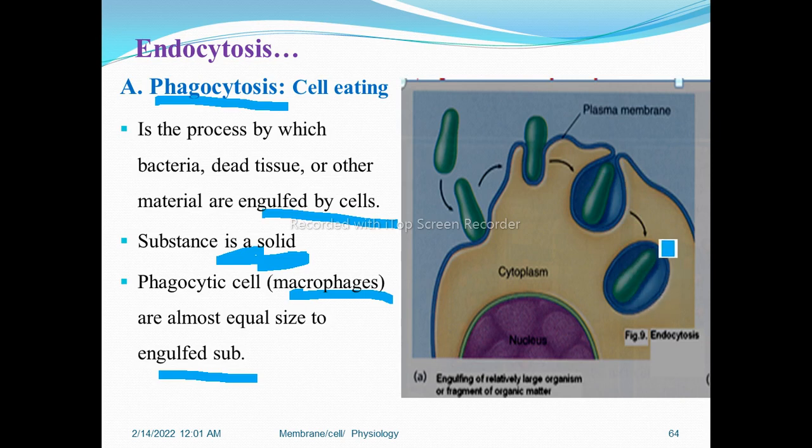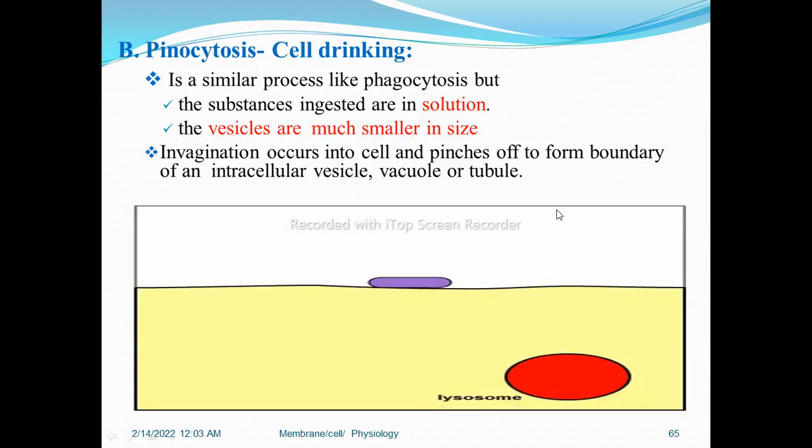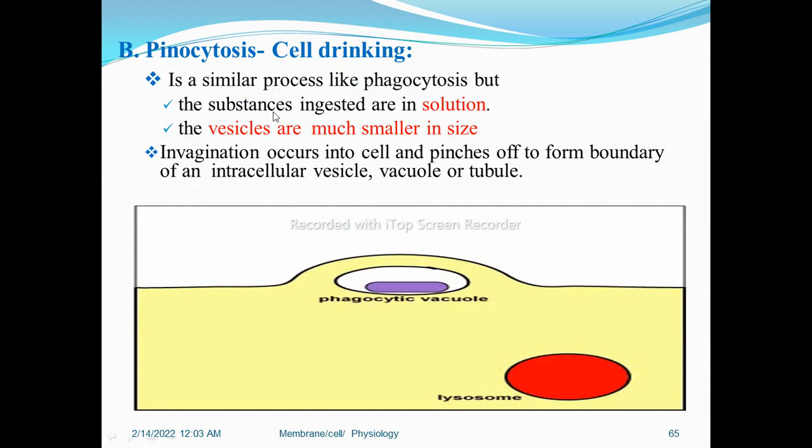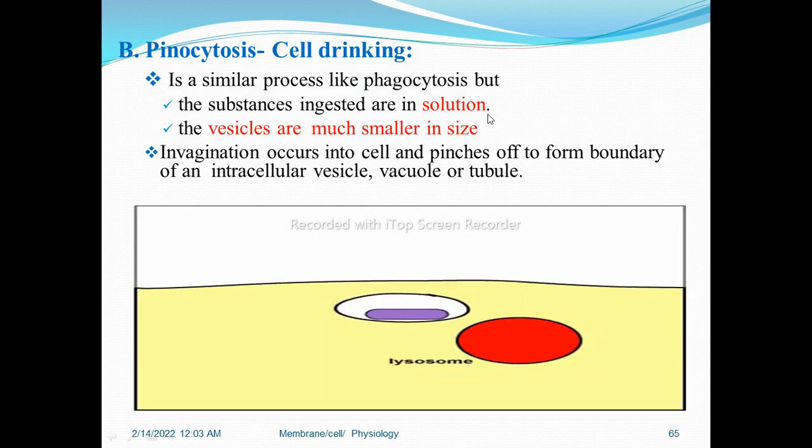This process of internalizing external material, from outside into the cytoplasm, is called endocytosis. If the material is solid, we say phagocytosis, but if it is liquid, we say pinocytosis. Pinocytosis, cell drinking, is a similar process to phagocytosis, but the substance ingested is a solution or liquid.